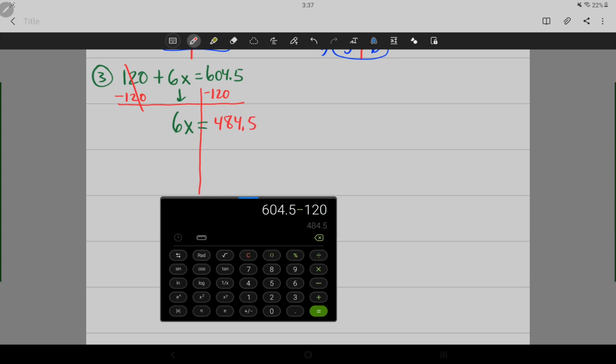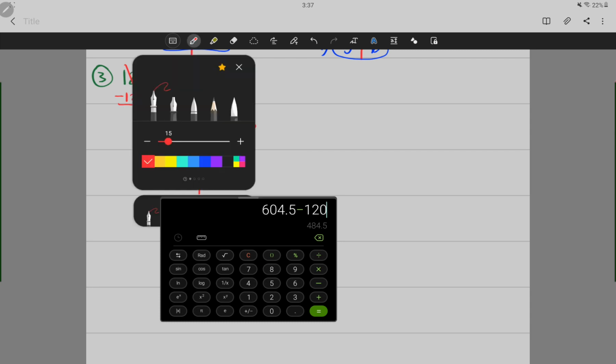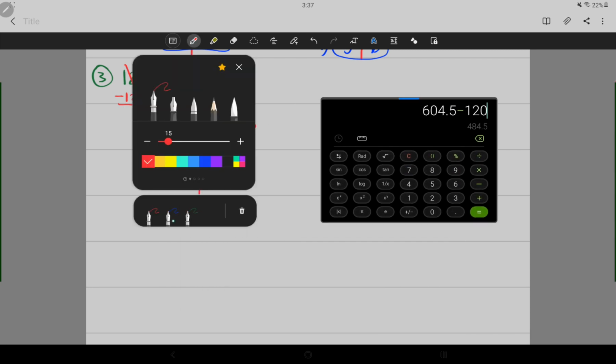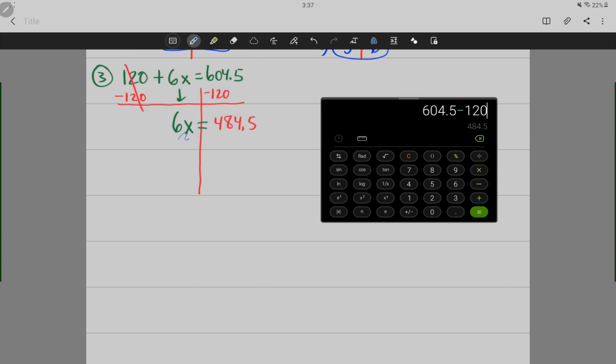So we're looking at multiplication, as it says 6x, which is 6 times x. To get rid of multiplying, we have to do the inverse. So we divide that coefficient of 6, that number in front of x. 6 divided by itself is 1. Let's cancel that. Bring down x and equals.